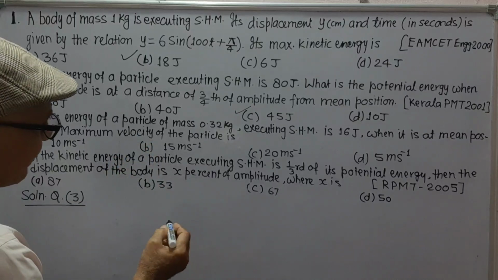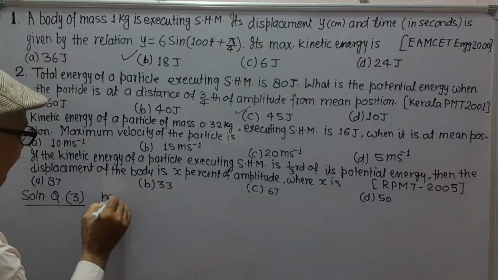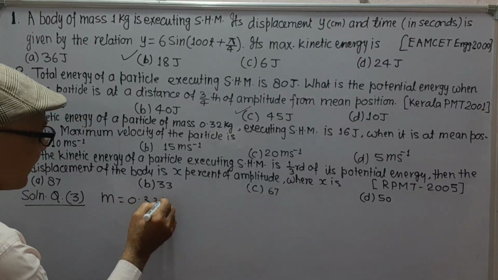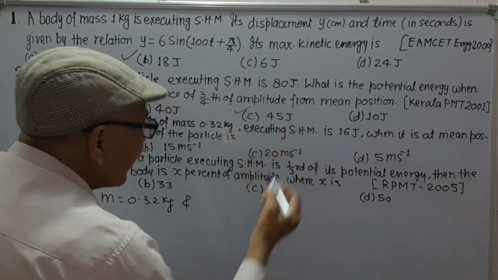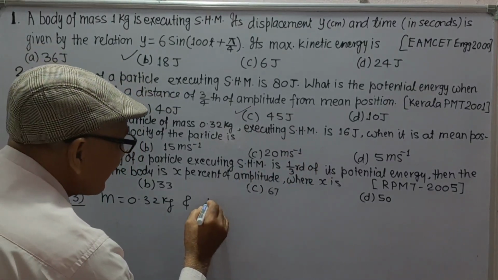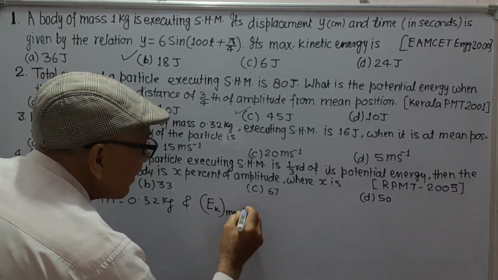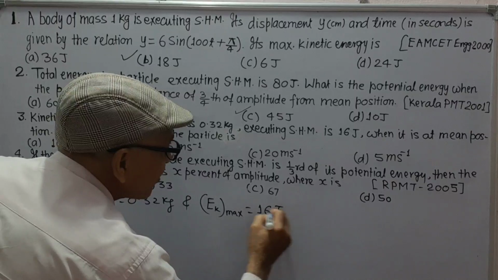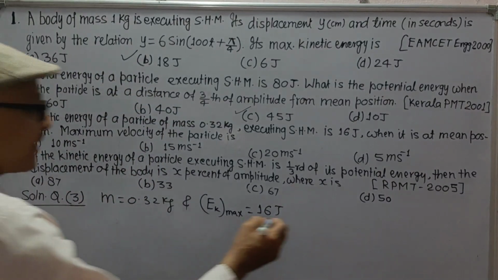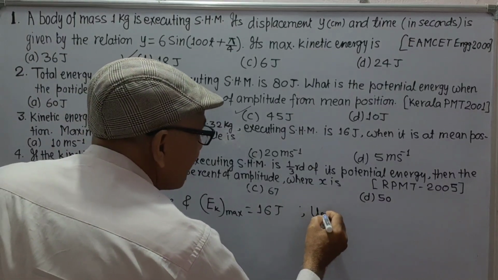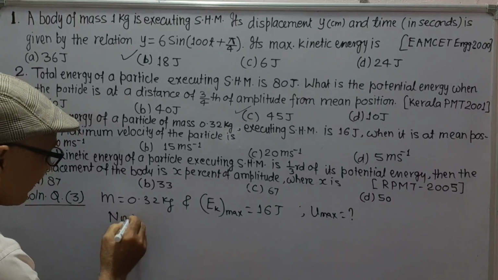Mass m is 0.32 kg, and kinetic energy at the mean position means maximum kinetic energy, Ek max is 16 joules. So we have to find the maximum velocity of the particle, v max.